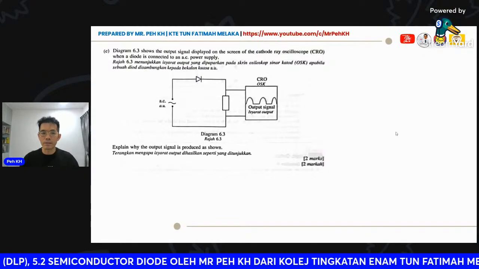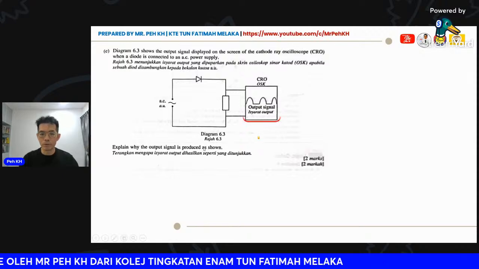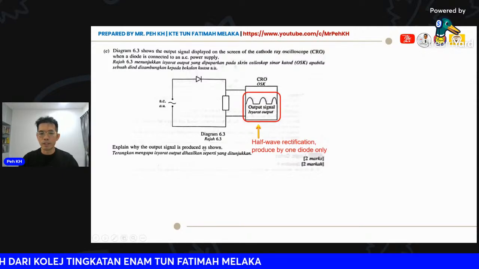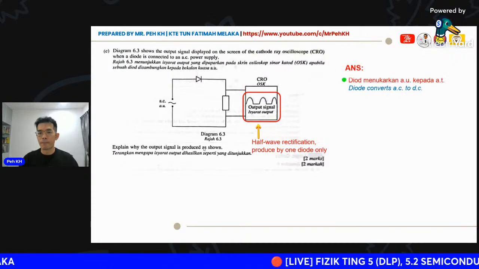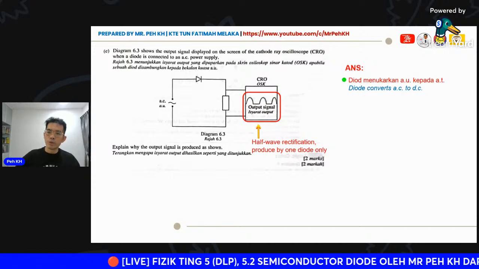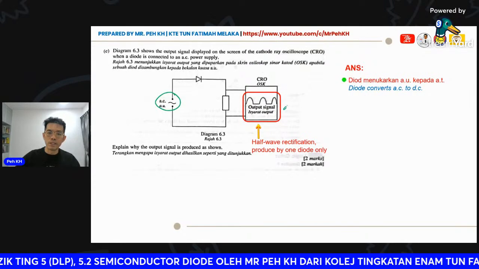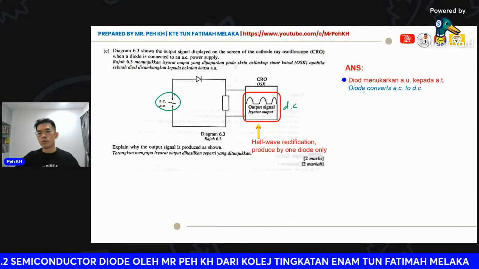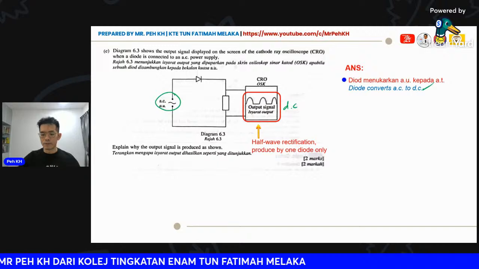Okay, 2 marks. The question asks why this output signal is produced. Just now we explained already, because we use one diode, the production will be half wave rectification. So the answer: firstly, the current changes from AC to DC. This is the function of the diode, which converts AC to DC.